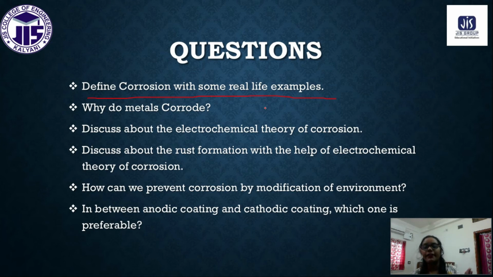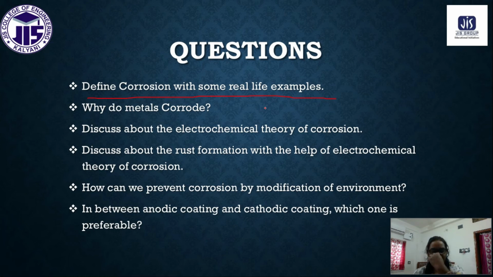Corrosion is a process of continuous deterioration of the metal surface. Mind it, metal surface, only corrosion takes place on the surface of the metal, right? So the continuous deterioration process of the metal surface in presence of the environment, any type of chemicals, acid, that process is called corrosion.